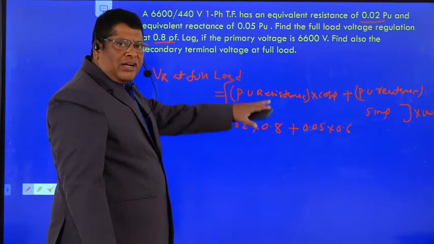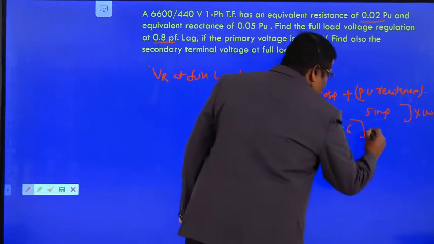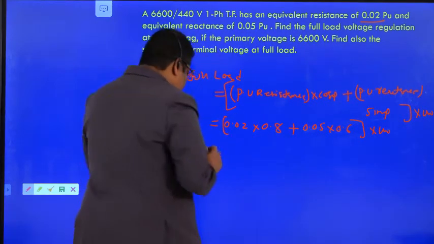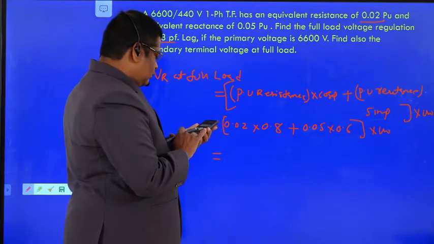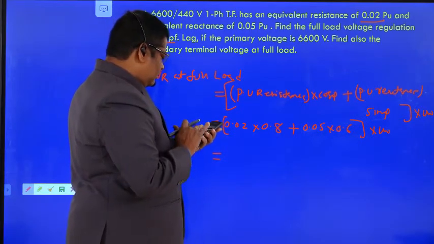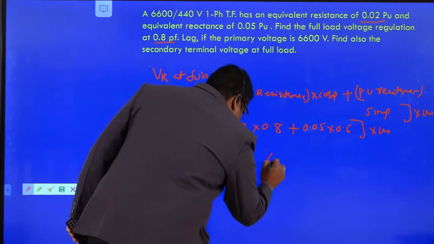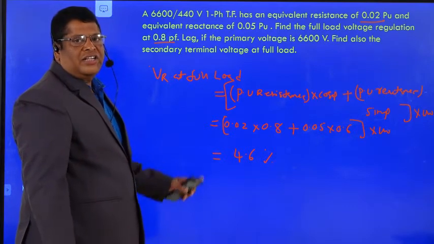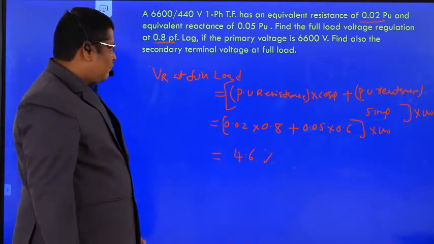From that value, if you calculate sin phi, you are getting 0.6, into 100. Now this value we are getting is 4.6 percent. This is the full load voltage regulation of a transformer at full load.